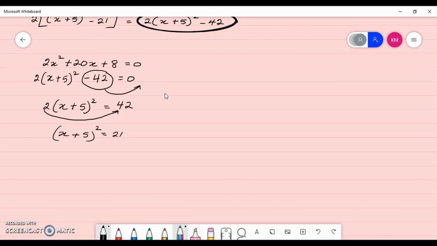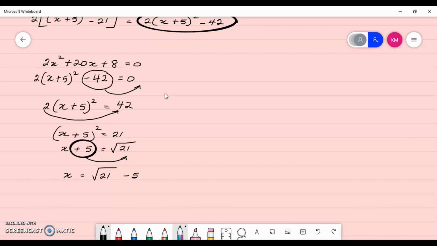X plus 5 squared is equal to 21. To get rid of that squared, we need to find the square root. So I'm going to put square root of 21, and then we are going to carry that 5 across on that side. It's going to be x is equal to the square root of 21 take away 5.